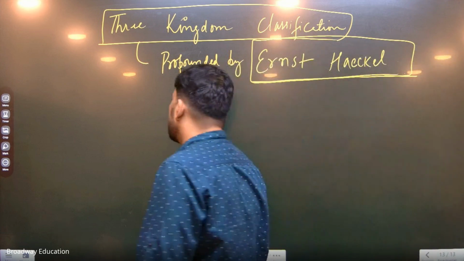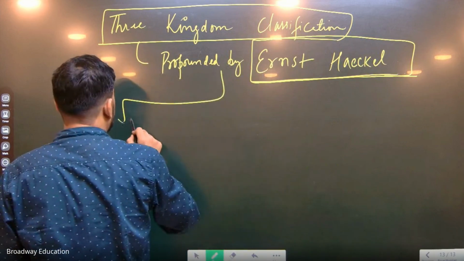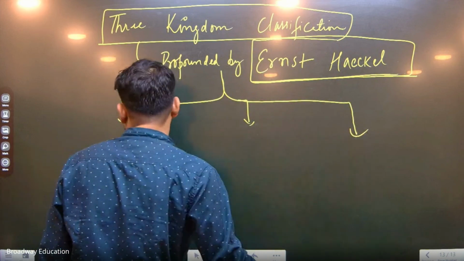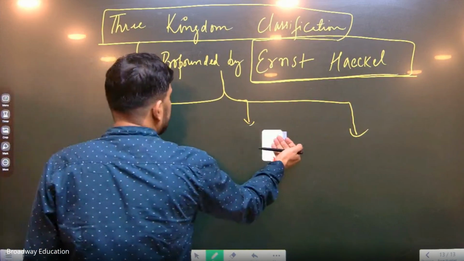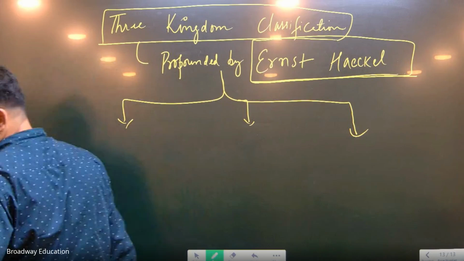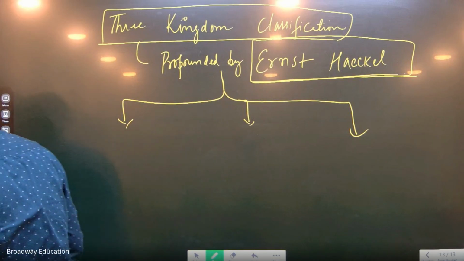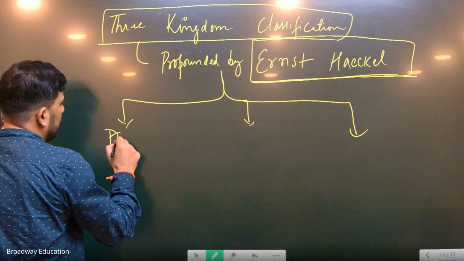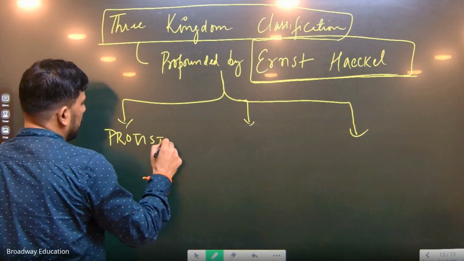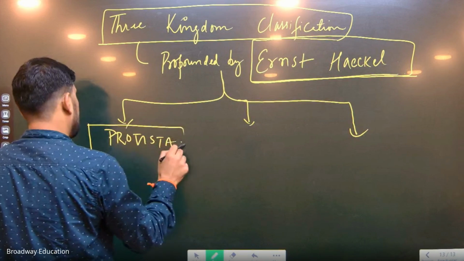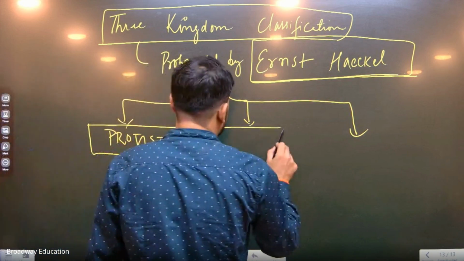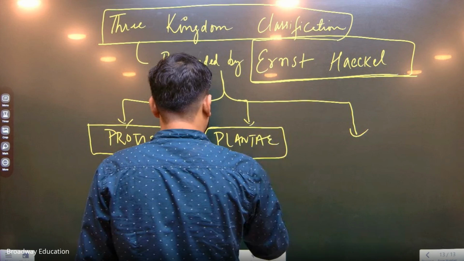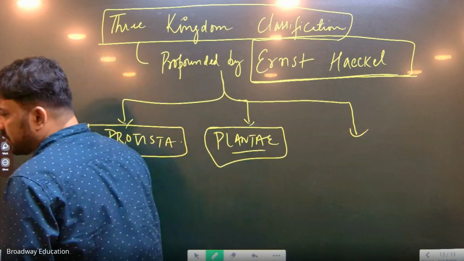He divided all organisms into three broad categories. One was Protista, that included bacteria. Another was Plantae. And the third one was Animalia.